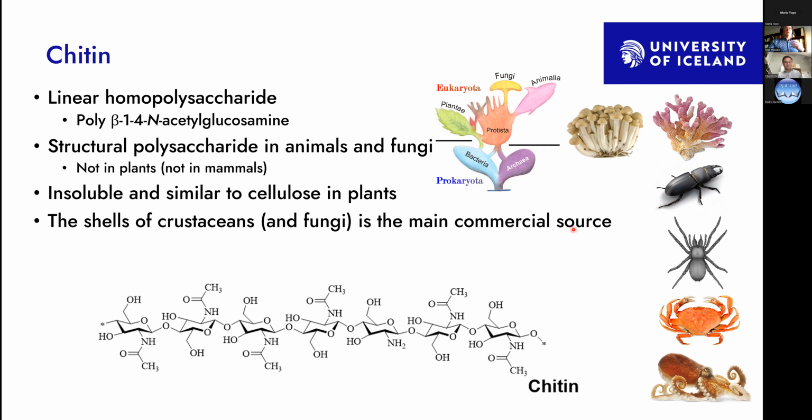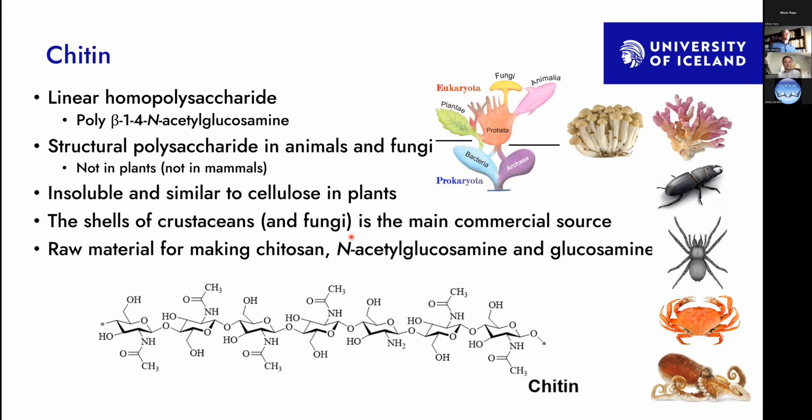However, even if it's found widely in nature, there are two sources for the production where we get this from, mostly from the shells of crustaceans, and fungi is also maybe an increasing source. One of the things with food and nutraceutical use is that if you isolate it from fungi, then you can call this a vegan product, whereas that's of course not possible for crustaceans.